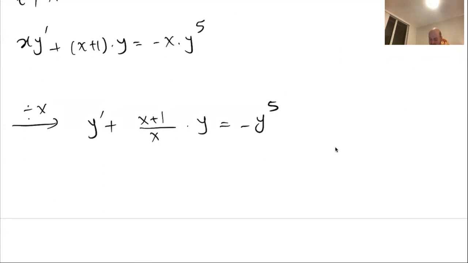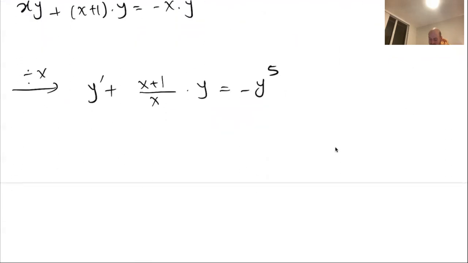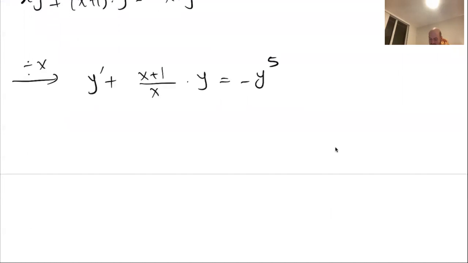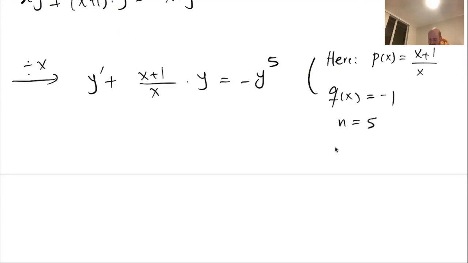So basically we can say here is the Bernoulli equation, and our functions here are p of x, which is x plus 1 over x, and q of x is minus 1, and n is 5.